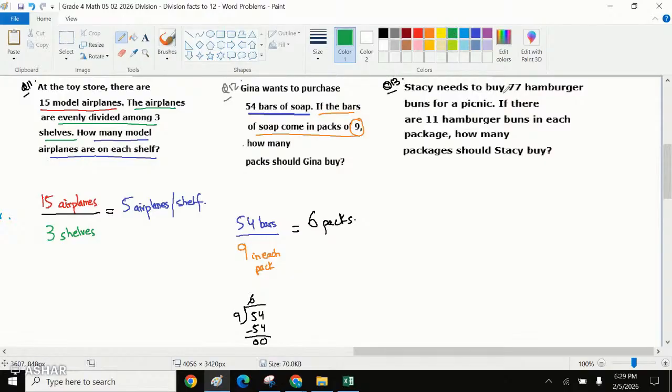She needs to buy 77 buns in total, whereas if there are 11 in each pack. So 11 buns per pack.